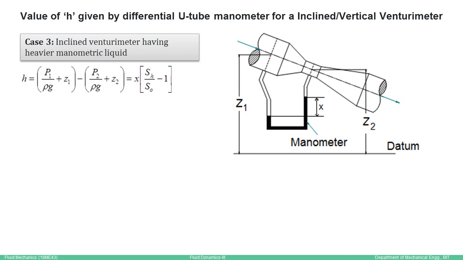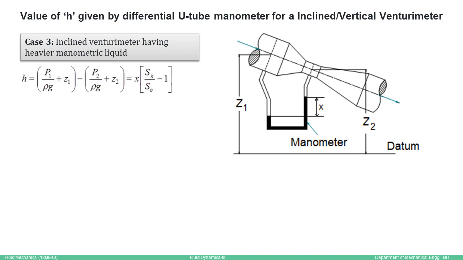You can see that together with P1 and P2, the pressure difference at positions 1 and 2, you should also consider Z1 and Z2, that is the reference head, the datum head or the potential head. On the left hand side, you can see there is an addition of Z1 minus Z2, whereas in the previous section it was just P1 by rho g minus P2 by rho g.